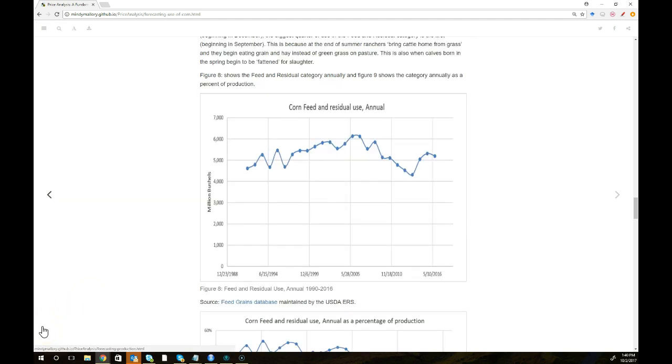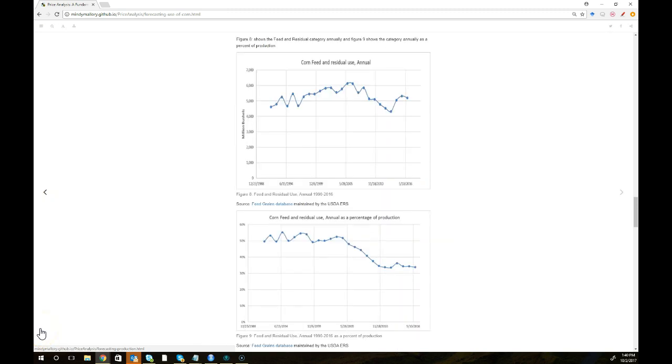If we take a look at this category in levels annually, we can smooth out a lot of that seasonality that we saw in the quarterly graph. And if we take a look at the trend over time, we see that this category in levels is fairly flat. Now if we take a look at the charts in levels on the top here in Figure 8 and compare that to the percent of production chart in Figure 9, the trend looks very similar to what we saw in the export category.